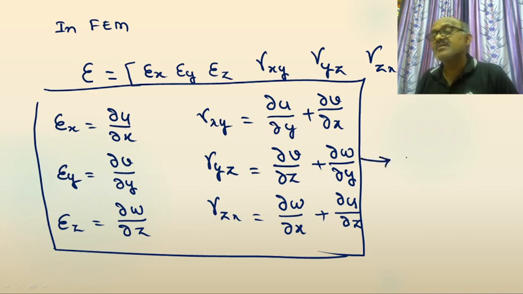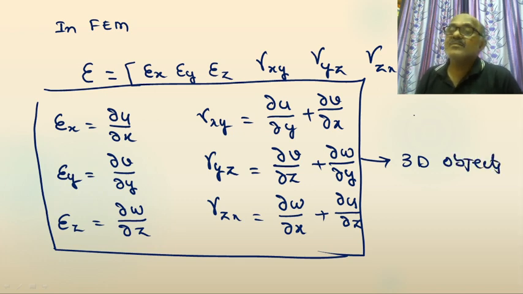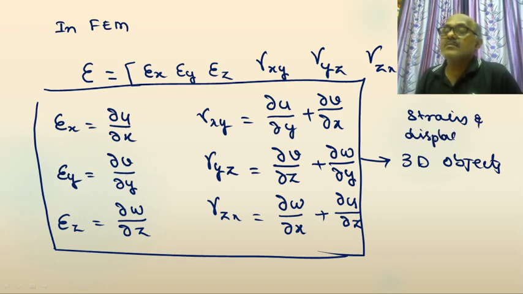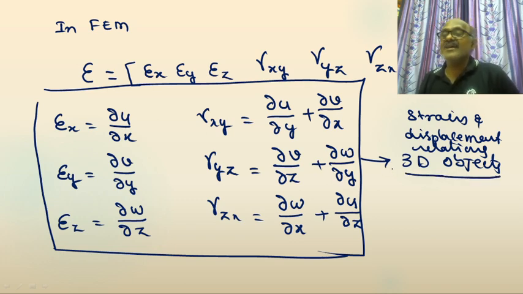This is for 3-dimensional objects. So these are the strain and displacement relations for 3-dimensional objects, my dear friends. All of you clear? So thank you.